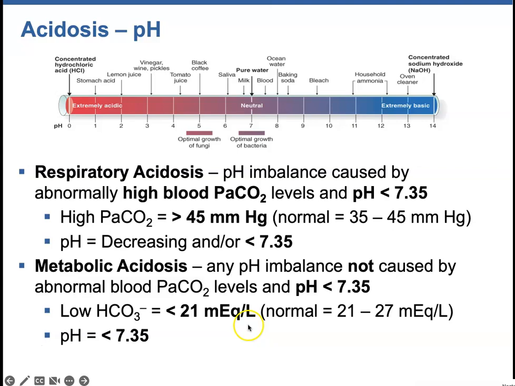So the indicator for that, and what they do at the hospital, is they will measure bicarb levels in addition to pH. But if somebody is in metabolic acidosis and you put the end tidal on, you would very likely see it show greater than 45 millimeters of mercury, because remember, our respiratory system is able to help you cope with acidity in your blood by getting rid of it.